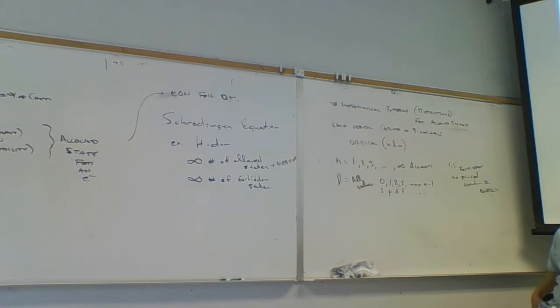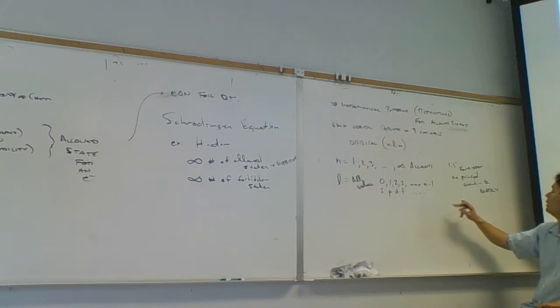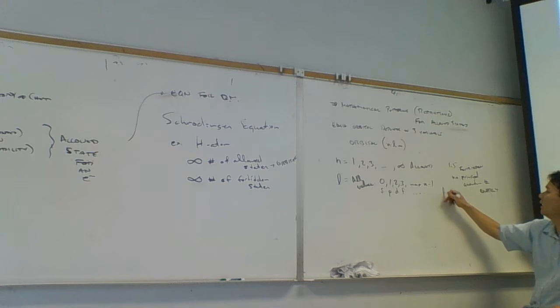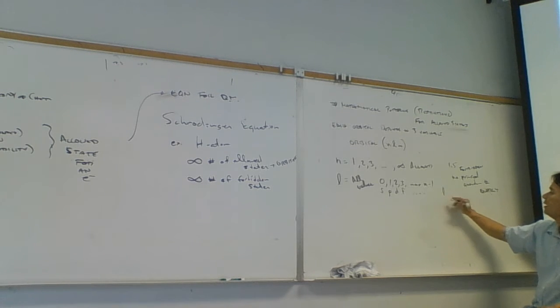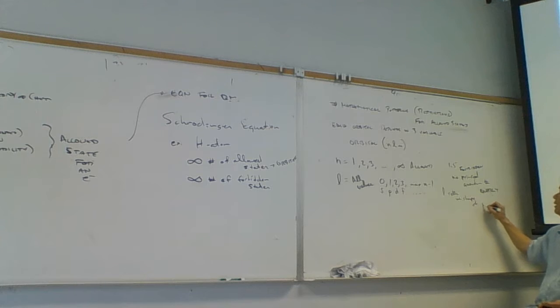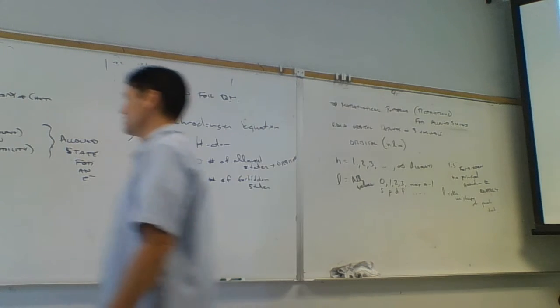And then one more mathematical variable. Actually, did I tell what l is? I don't think you need to know the name. What l does is tell us the shape of the probability distribution.